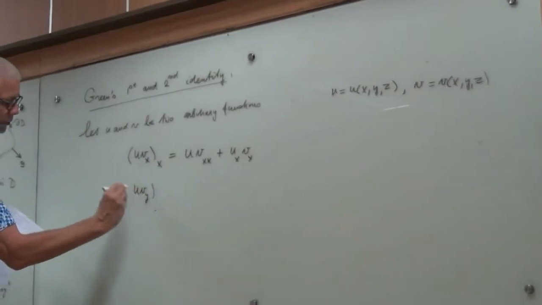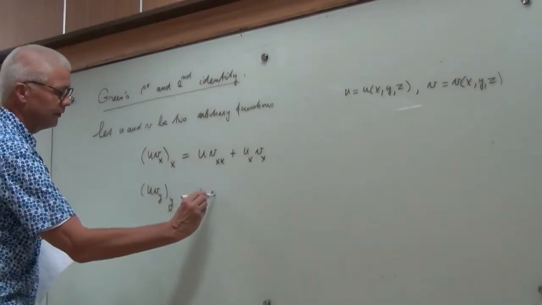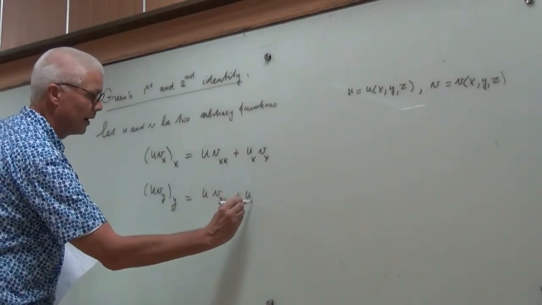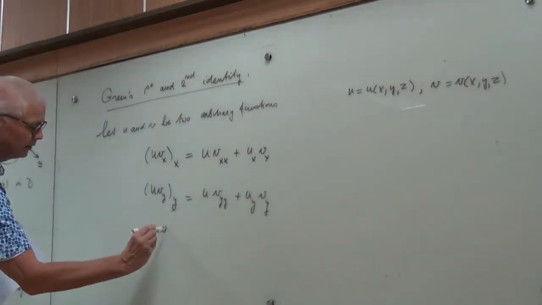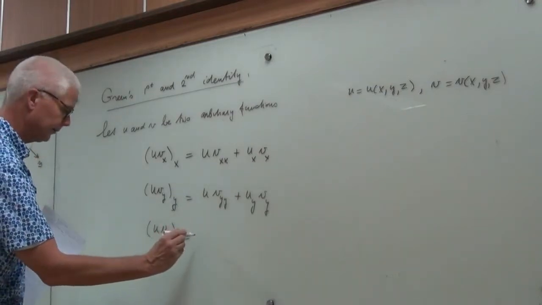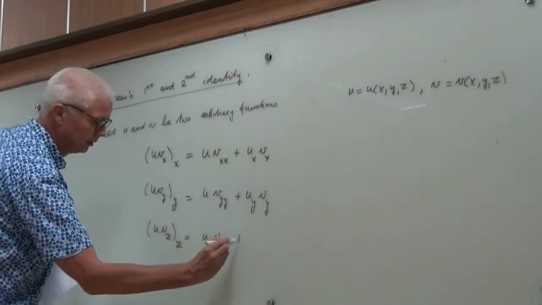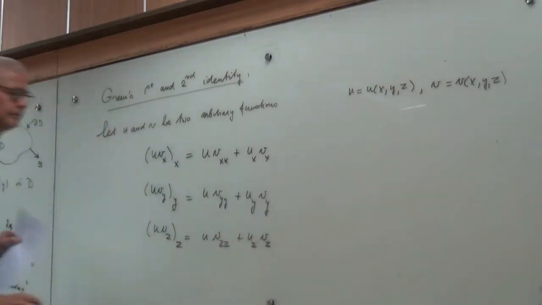I take U Vy differentiated with respect to y, and then I get U Vyy plus Uy Vy, and the same thing for z: U Vzz plus Uz Vz. That's quite easy to do, isn't it?